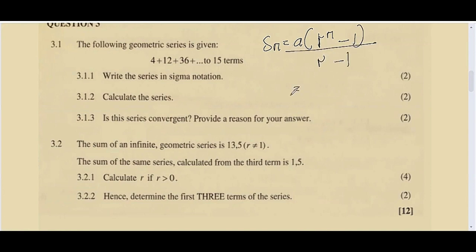Then our a value is supposed to be 4, and our r, remember we calculated, was 3. But then how many terms do we have? 15, so 3 to the 15 minus 1, over 3 minus 1. Right, so it's just a matter of punching all that into your calculator. So let's see, when we punch that into our calculator, what does it give us?